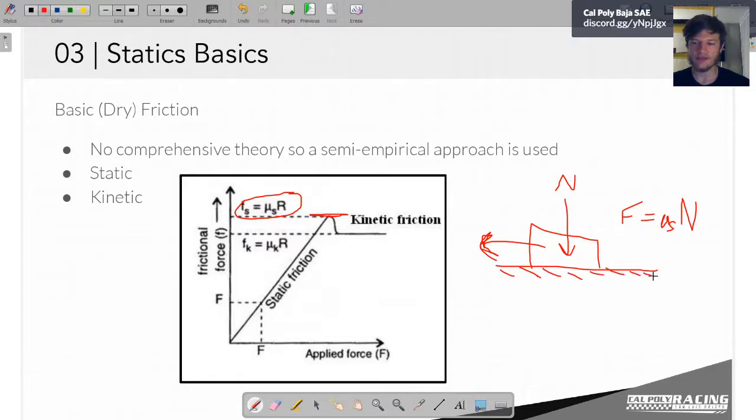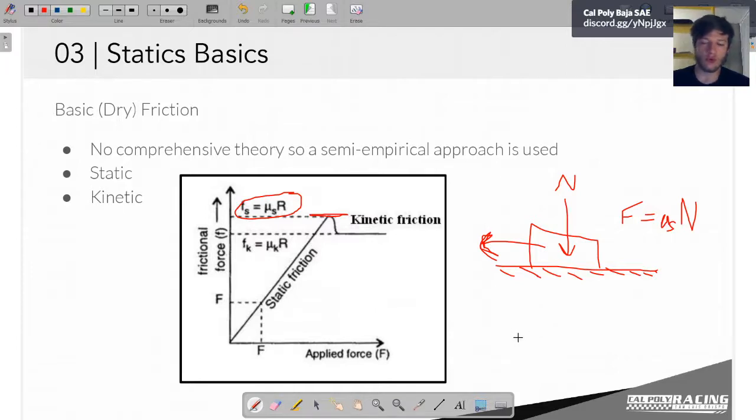Then for kinetic friction, it's the same idea, except your box is sliding. In statics, we'll never have kinetic friction, so you never have to worry about mu k in statics. You're always talking about mu s.